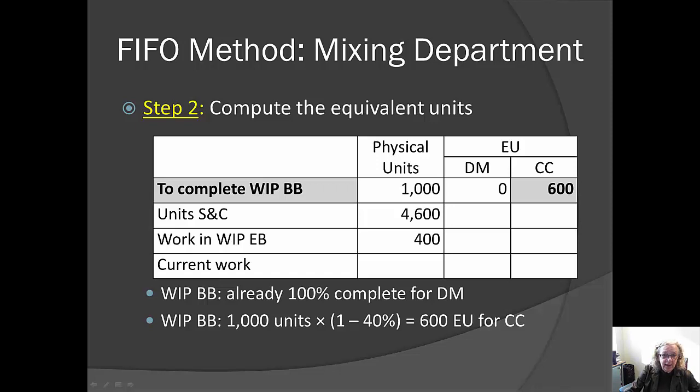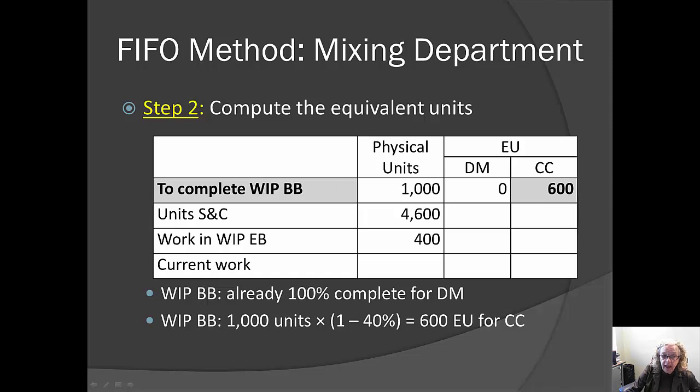Therefore, they only need an additional 60% of their conversion costs. Therefore, 1,000 units times the 60% that they needed in order to become complete this period equals 600 equivalent units for conversion.